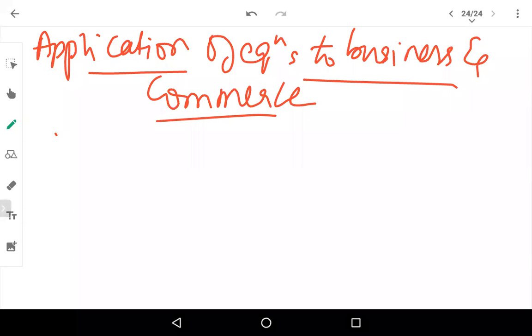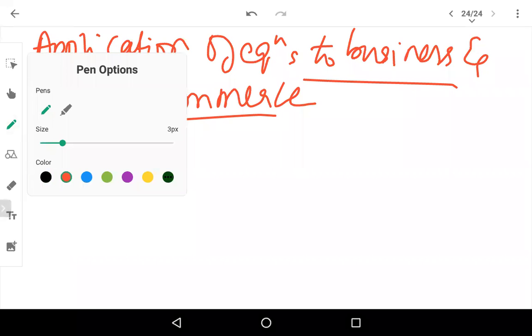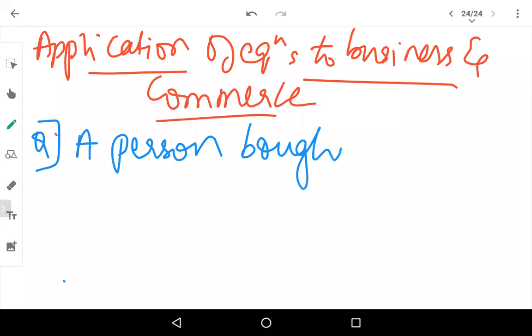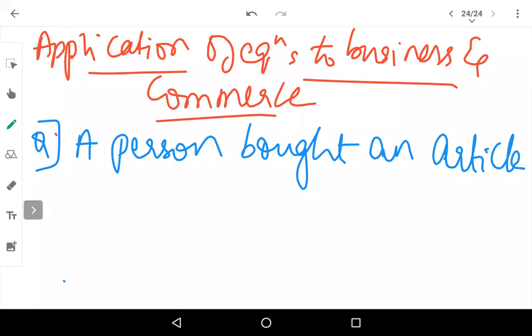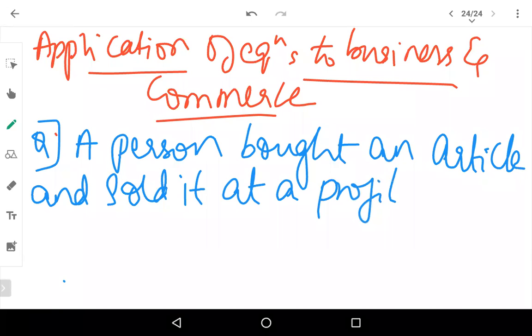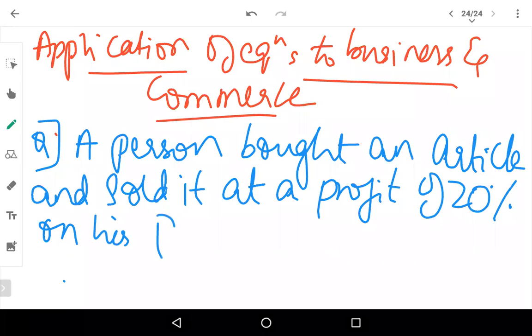So the first question is: A person bought an article and sold it at a profit of 20%. So he has bought an article and is selling it at 20% on his purchase cost.